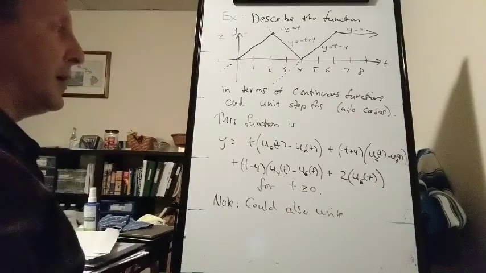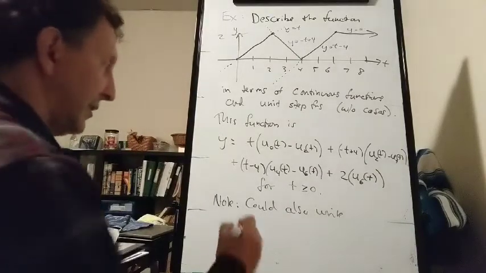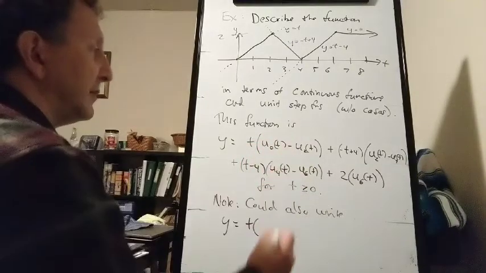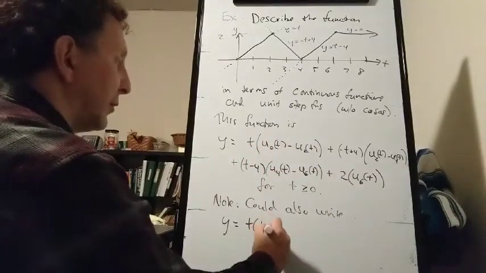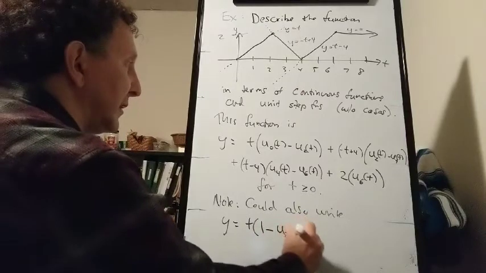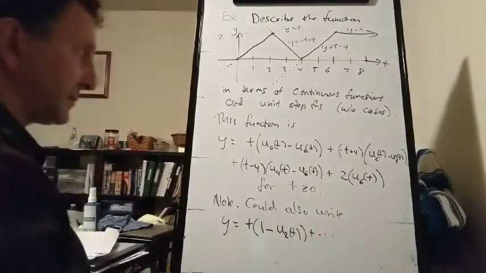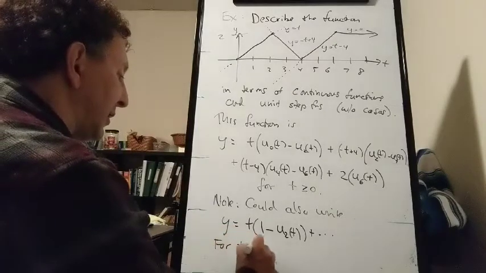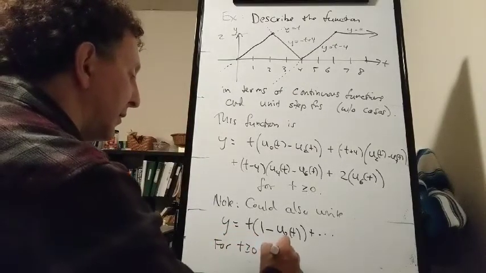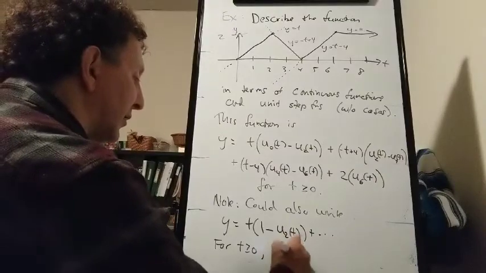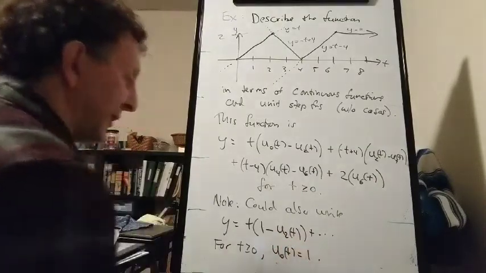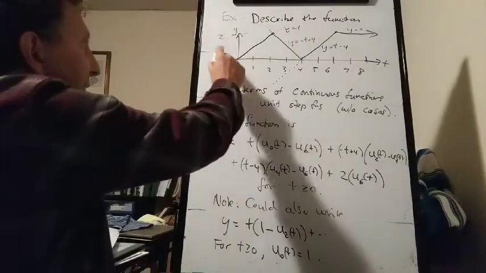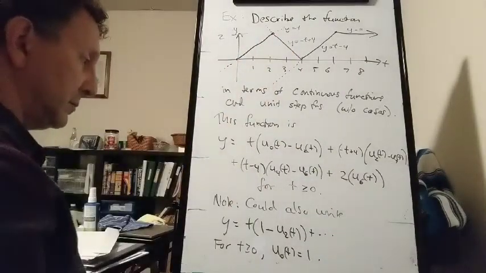Now we could also write one tiny change: for y equals t, instead of u_0 of t minus u_2, we could write 1 minus u_2 of t plus etc. Because if we're looking only at t greater than or equal to 0, then u_0 of t and 1 are exactly the same thing. It's the function that becomes 1 at t equals 0 and stays 1.